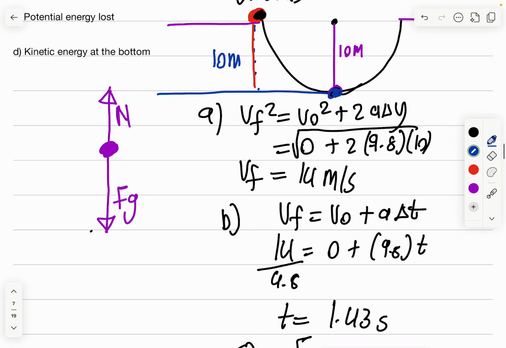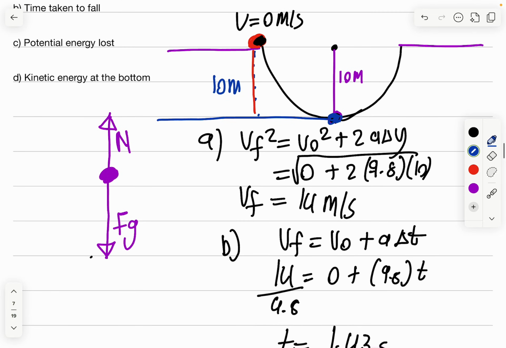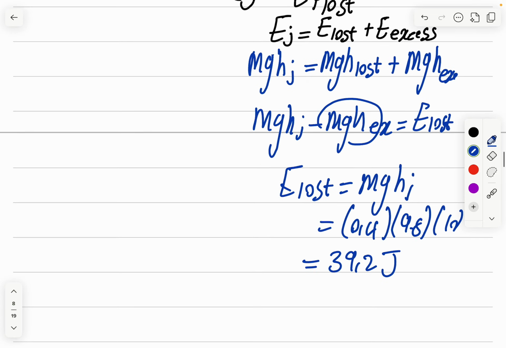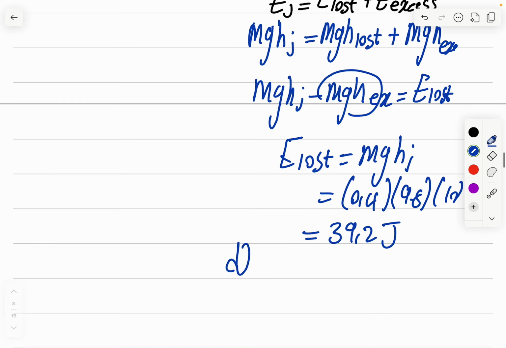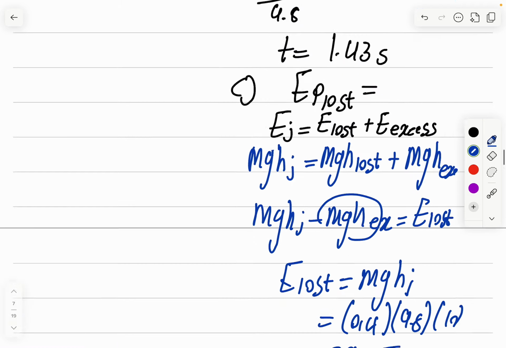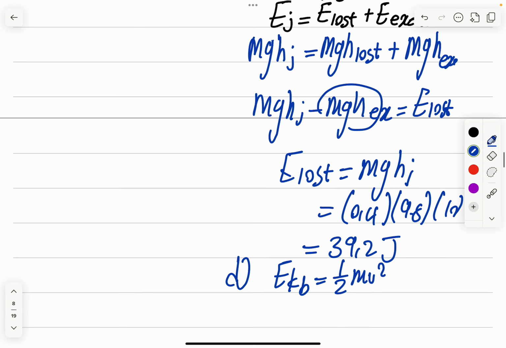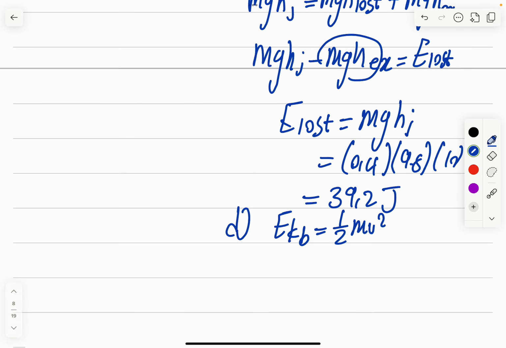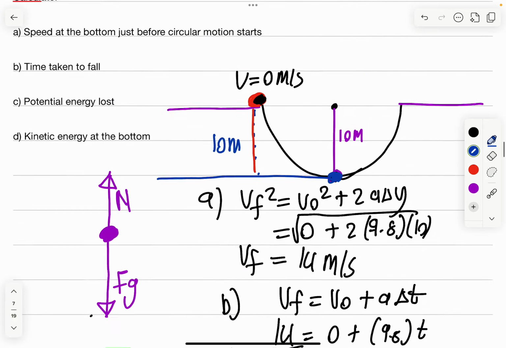They say kinetic energy at the bottom, kinetic energy here, ne? Which is D. EK at the bottom equals 1 over 2 mv squared. I must substitute the velocity that I got at the bottom. The velocity that I got at the bottom was 14 meters per second. I'm going to have 1 over 2. My mass is, is it 0.4 or 0.5?